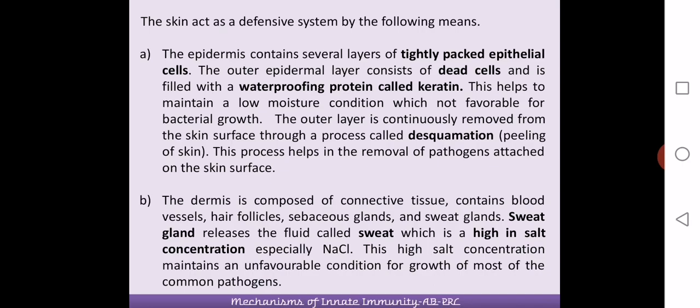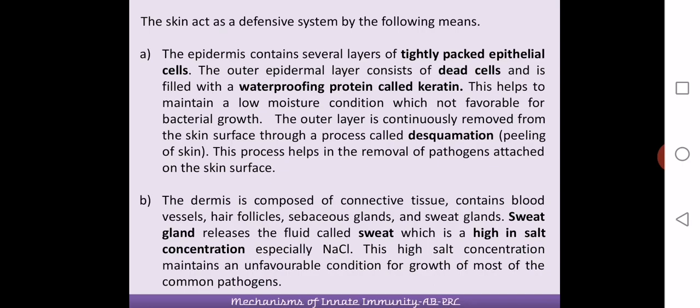Being a layer of dead cells is important, because microorganisms usually will not attack a dead cell. And the second thing is keratin. Since it is a waterproofing material and there is no moisture available, microorganisms do not prefer it as a nutrient substance. So these things help to maintain a low moisture condition, which is not favorable to them.